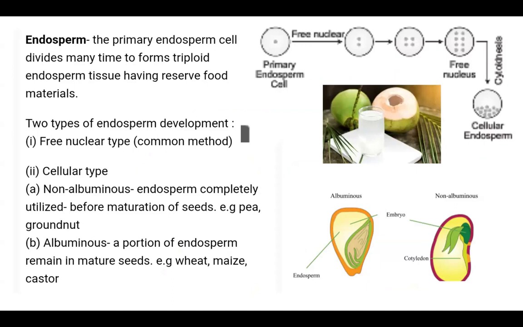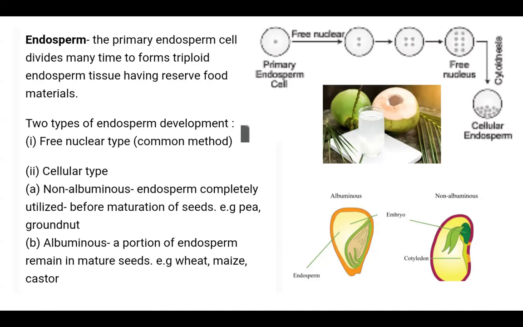These free nuclei later undergo cell wall formation, they are celled up, and hence we get the cellular endosperm. These free nuclei are used up by various cells and taken up for the embryo, and we get the cotyledon.